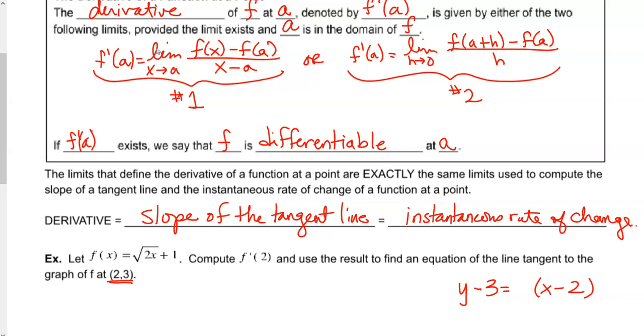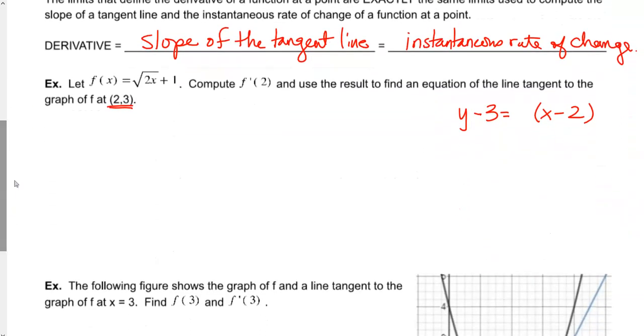And in this case, we're going to try to use number 1 here, okay? So if I try to use the slope of the tangent line, which is f prime at 2, we are going to look at the limit as x approaches that a value of 2, and we're going to use this version, f of x minus f of 2 all over x minus 2.